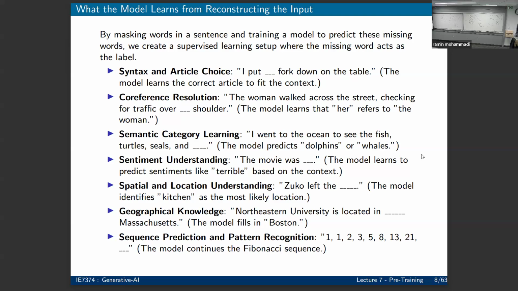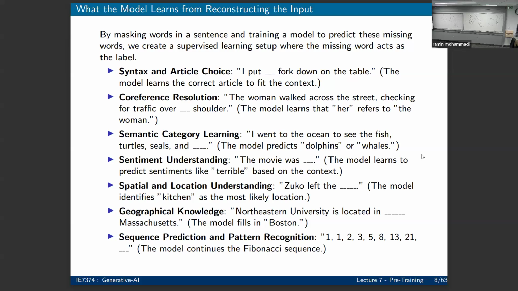Those are things that you expect this model to learn. Semantic category learning is, for example, I went to the ocean to see fish, turtles, seals, and the model needs to understand that dolphin or whale could come here because they're semantically similar. Then you can do sentiment analysis. The movie was whatever, the model understands whether it's positive or negative based on that review.